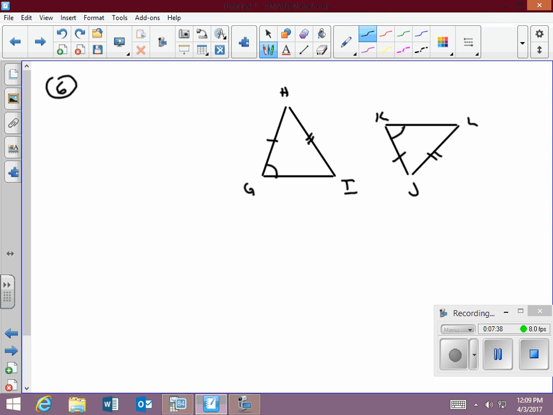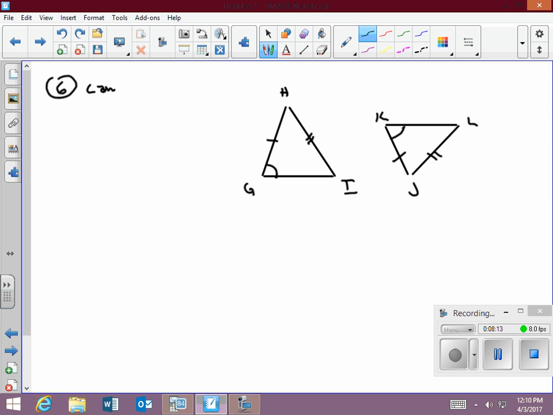For congruency, you have side, side, side, side, angle, side, angle, angle, side, and then right triangles where if two sides of a right triangle are congruent, then it's congruent, and so on. But this is not a right triangle, so none of those specify. Is there any way to say they're congruent? And the answer is no. You cannot say they're congruent.